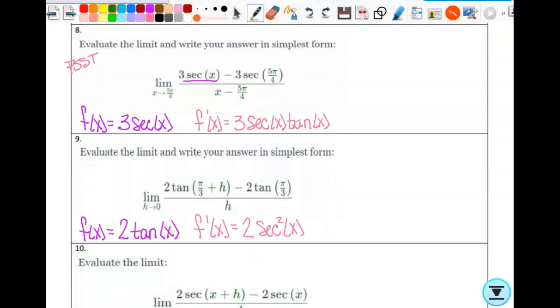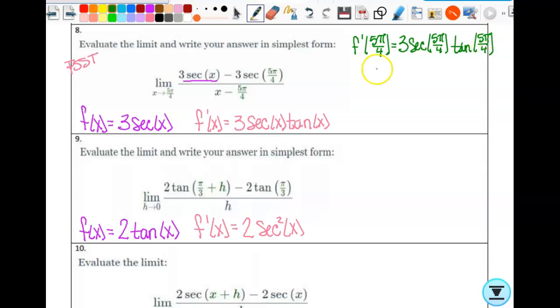All right, am I evaluating this at some value? Yes, 5π/4. So f prime of 5π/4 equals 3 times the secant of 5π/4 times the tangent of 5π/4. All right, so can I multiply the 3 times the 5π/4?